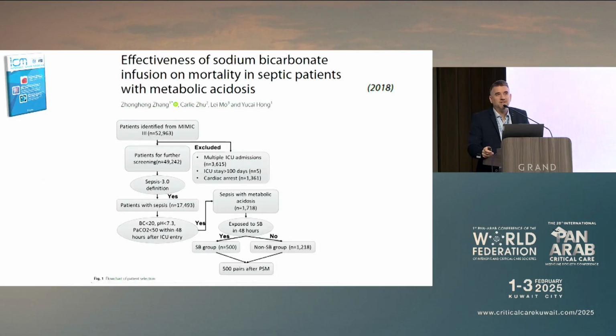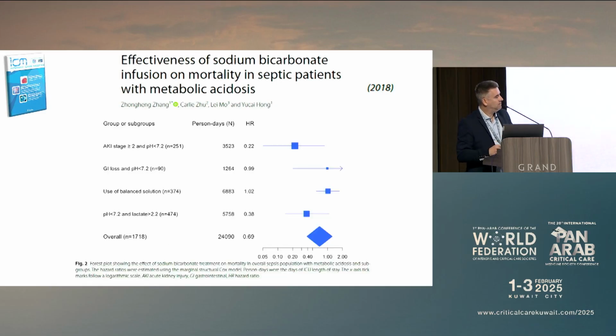Do we have studies that prove sodium bicarbonate is interesting to correct metabolic acidosis? Not so much. And only in very particular patients. In the studies, the only group that benefited from sodium bicarbonate infusion is patients with acute kidney injury. Why?